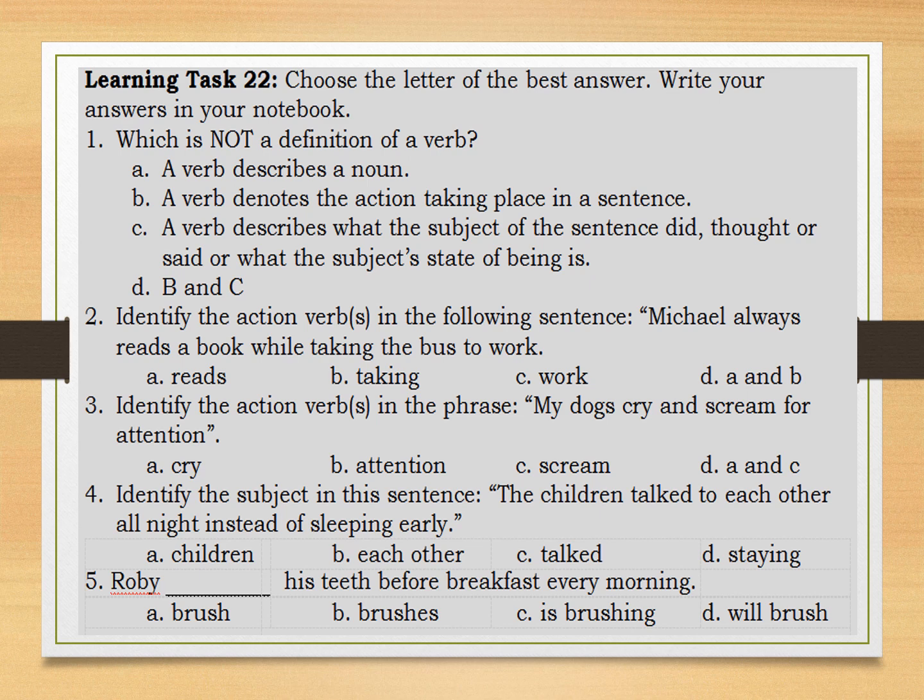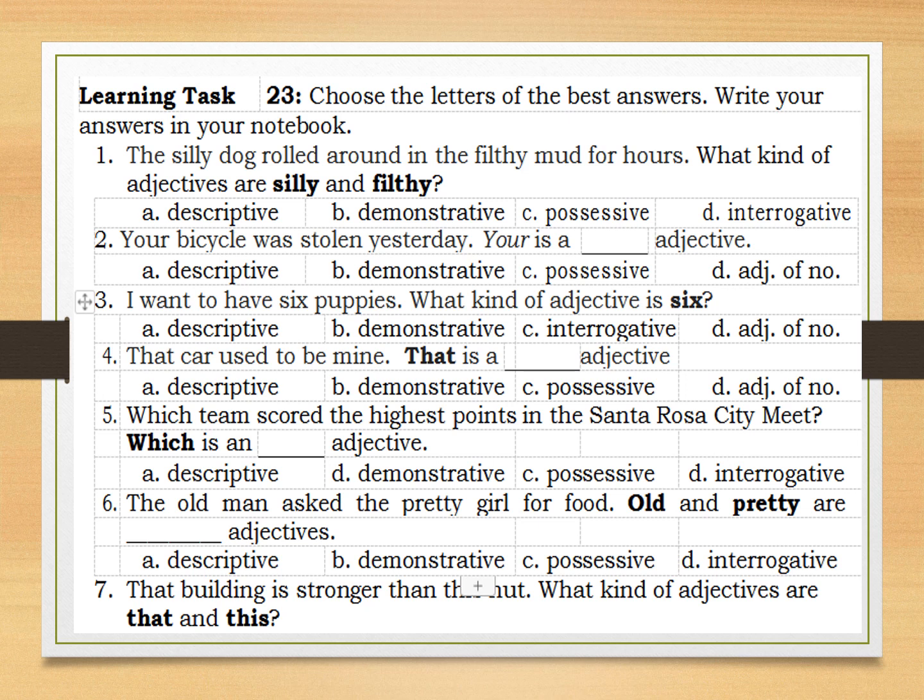For learning task 22, choose the letter of the best answer and write your answer in your notebook. Learning task 23, choose the letters of the best answers. Write your answers in your notebook.